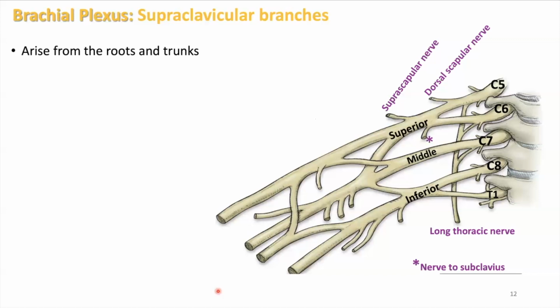So above the clavicle, it gives four named branches. In addition, it gives many unnamed branches that supply muscles, but the named ones are these four nerves. These four nerves arise from the roots and trunks.